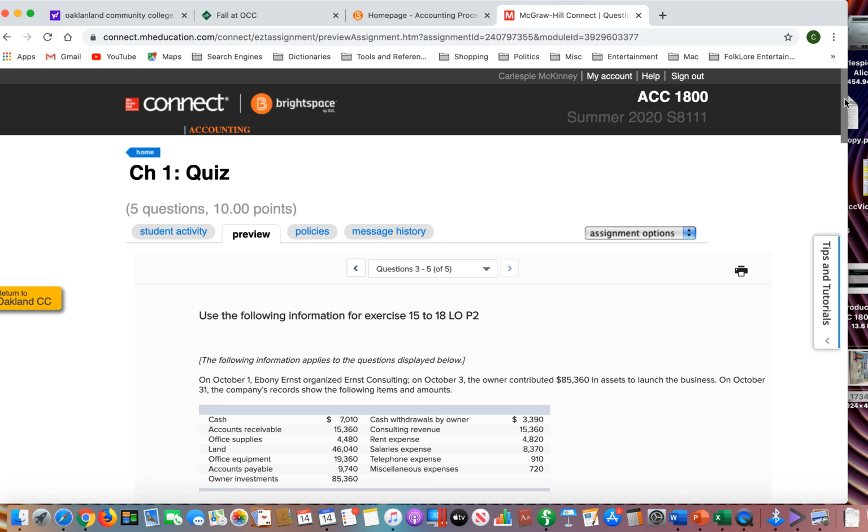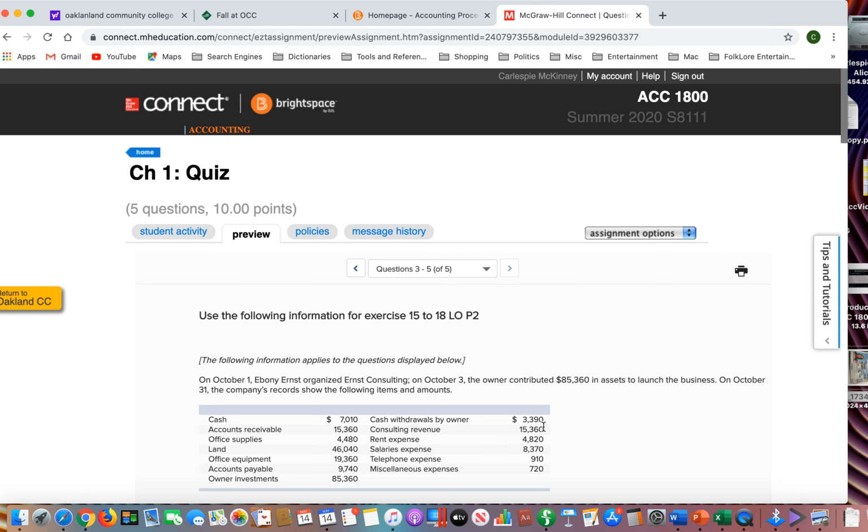So look at what's happening. Notice the order. This order is very important, and you'll learn it later on. When you're listing the accounts of a business, you tend to list them in the order of the balance sheet first, which are the accounts from cash down to owner's investment.